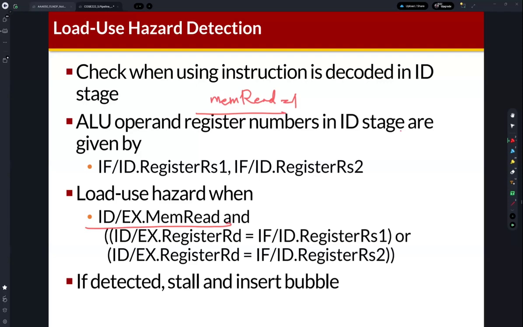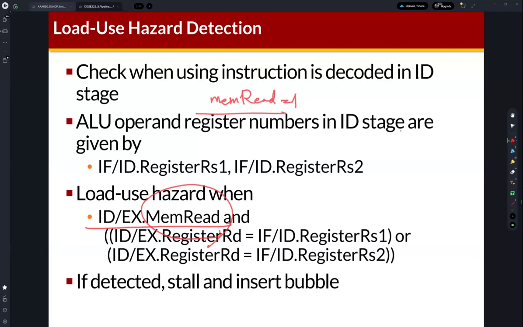In this case, we compare the destination register number of the former instruction, which needs to be a load instruction, with the source registers of the following instruction.